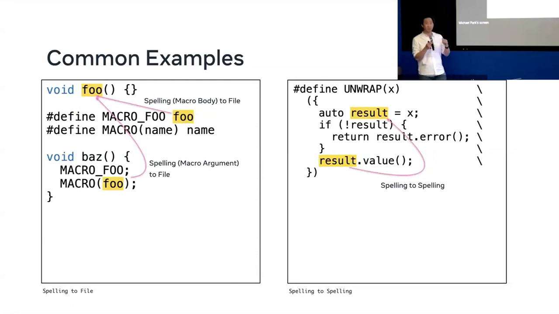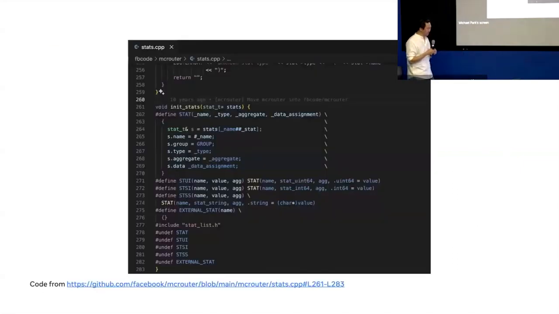So we have spelling locations referring to spelling locations, both in macro bodies. But again, this text has no semantic meaning until it's pasted somewhere. Most code navigation systems, when you try to navigate in this area, will either give up and not do anything, or give you some results based on a textual search of nearby tokens and so on.